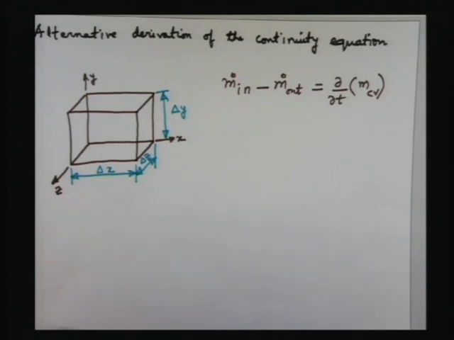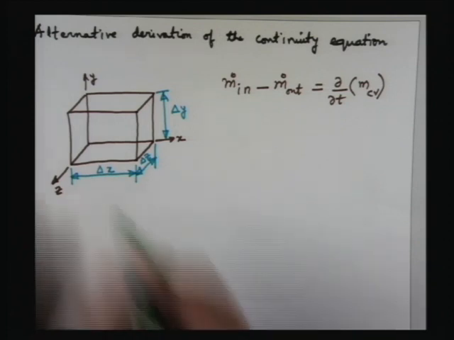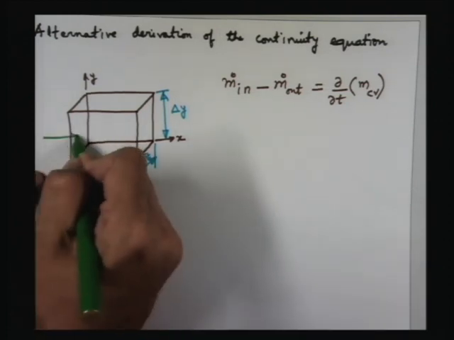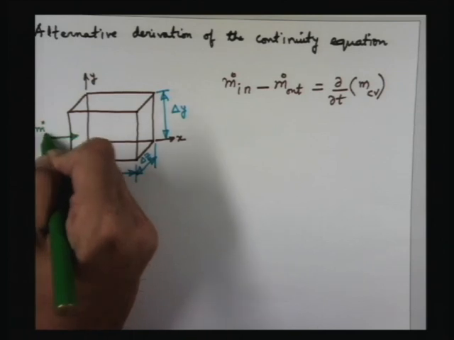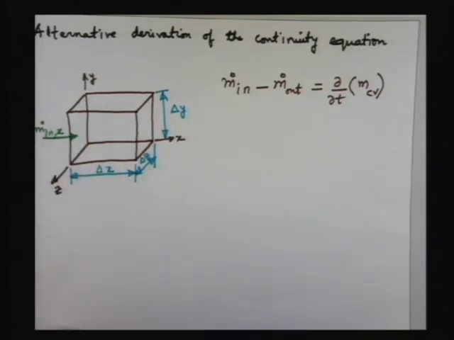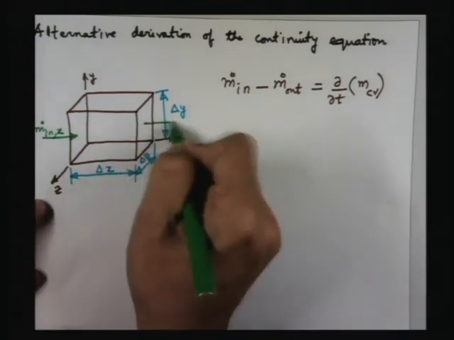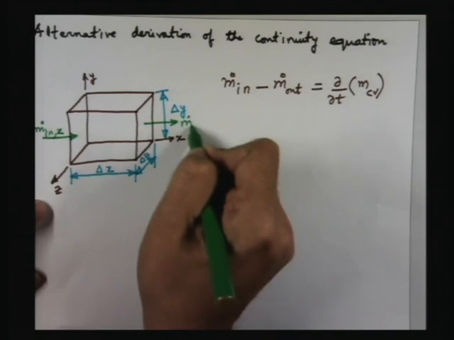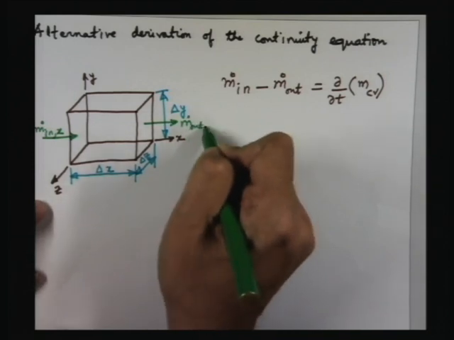For simplicity, we will analyze what is happening along the x direction, and then we will have similar considerations for the y direction and z direction. So this is m dot in along x, and this is m dot out along x.